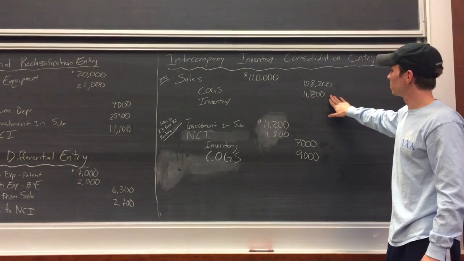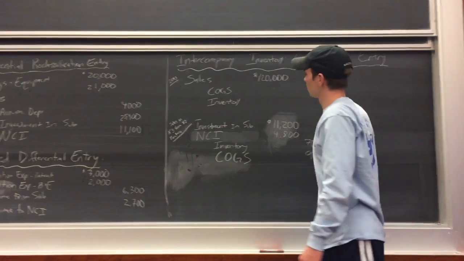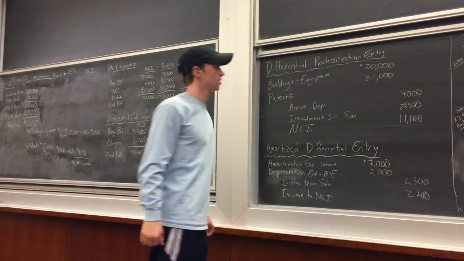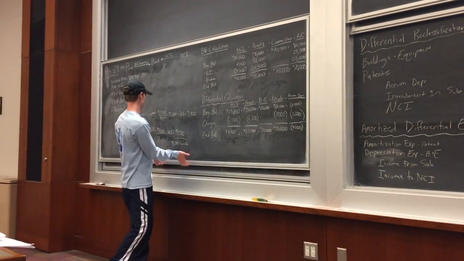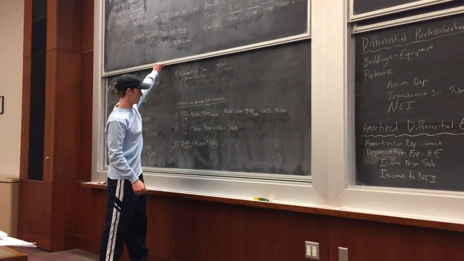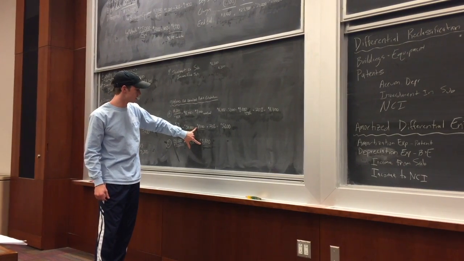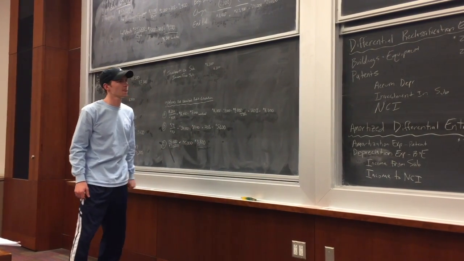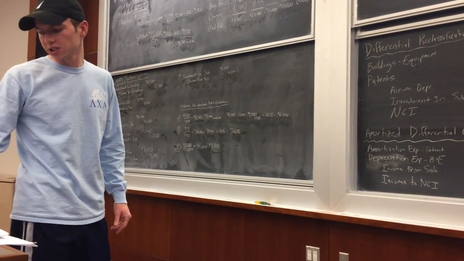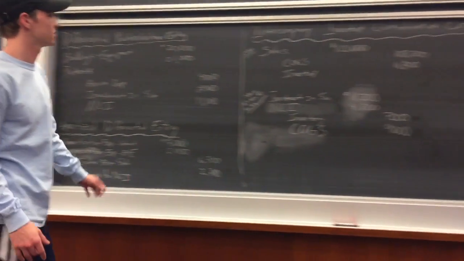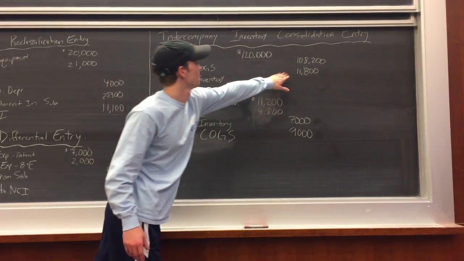And we credited inventory because with inventory we recognize the profits when it's sold, and we got that number from the total unrealized profits for B and C of that year, which is the 8,000 plus the 3,800. And again, we recognize profits by changing cost of goods sold. So until this is sold, we need to devalue inventory by that amount.